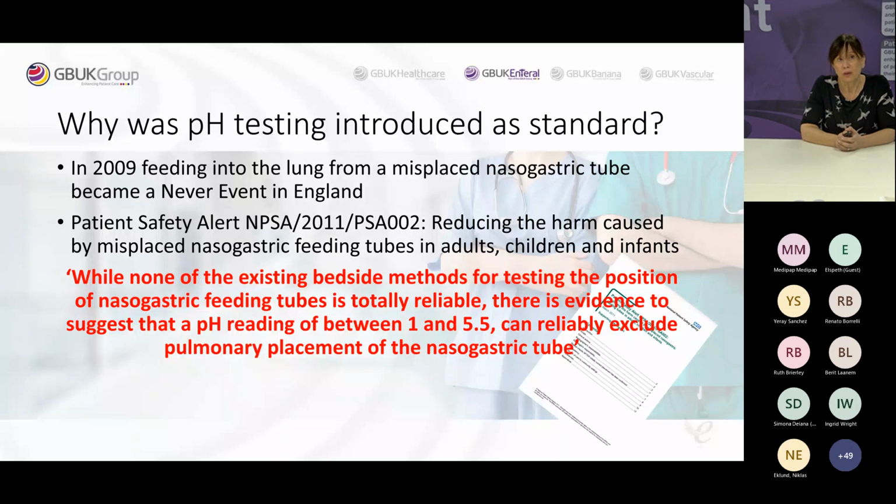And they stated when they introduced pH reading as a result of this that while none of the existing bedside methods for testing the position of nasogastric feeding tubes is totally reliable, there's evidence to suggest that a pH reading of between 1 and 5.5 can reliably exclude misplacement of the nasogastric tube. And so that's setting the criteria at 5.5 when we know lung pH is above 7. You're never going to get a result that tells you can safely feed a patient when it's in the patient's lung.